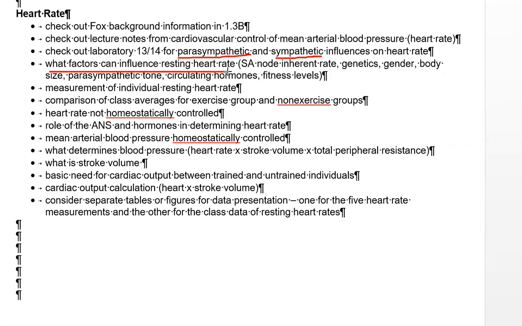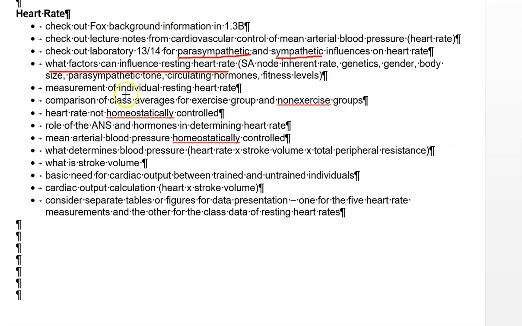If you have a high parasympathetic tone, your heart will be slower. The level of circulating hormones, if you have a lot of epinephrine as an example, that would play a role. And certainly to a large extent what this lab is about, what level of fitness and how that is going to affect heart rate for individuals as well. So those are just examples of things that you could do.